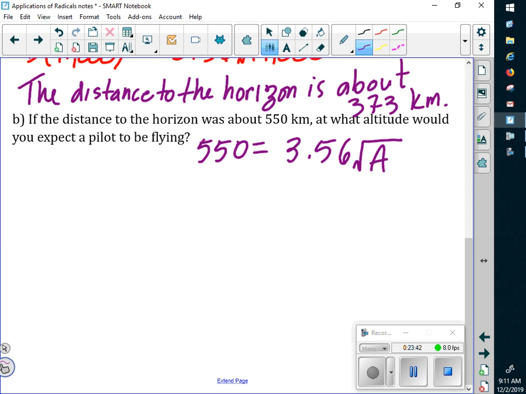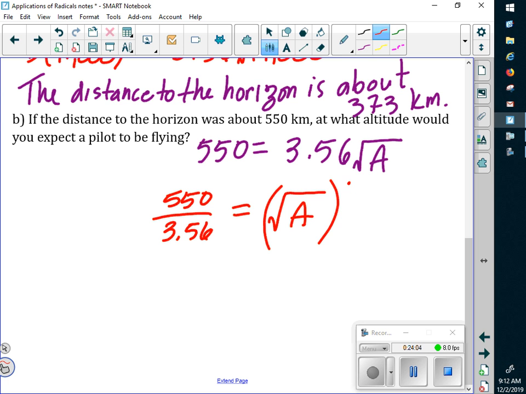Now, no calculator yet. Let's get A by itself before we put it in the calculator. Now, Gavin said divide by 3.56. That's right. Now we'll square both sides.